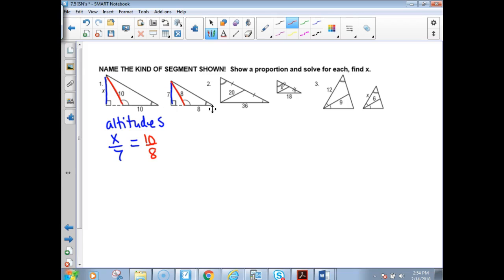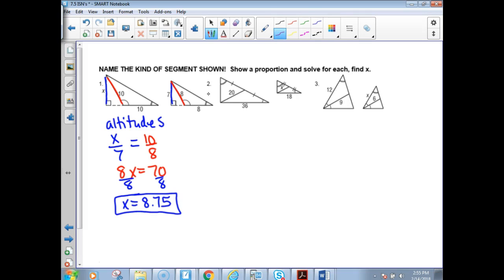I could have done the 10 and the 8 on the bottom if I'd wanted. I'm going to cross multiply using the cross product property of proportions. 8 times x would equal 7 times 10, which is 70. Then we divide both sides by 8 and get x is 8.75, right?